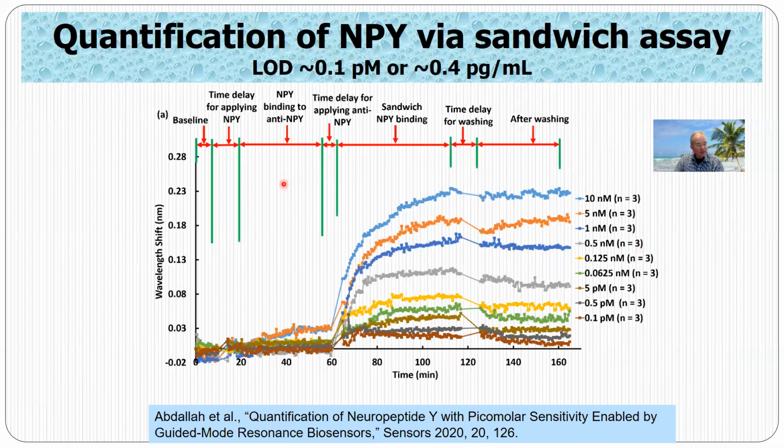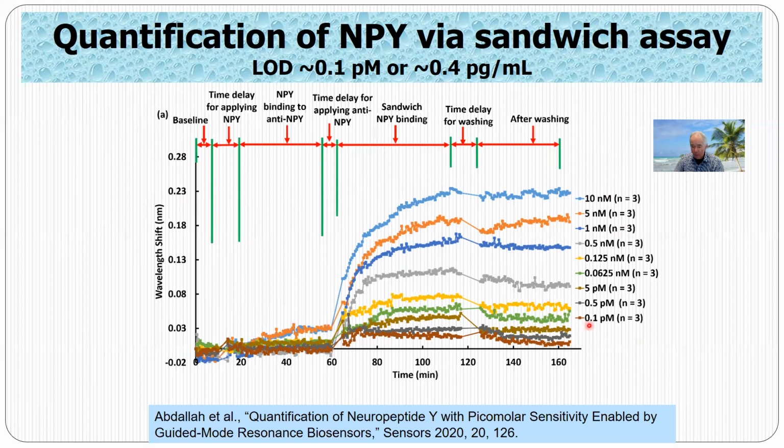And so this shows the reaction here, where there's baseline and a delay, and there's NPY binding to anti-NPY, and there's sandwich NPY binding. And you can see, depending on the molarity of the NPY here, we get these wavelength shifts in some fraction of a nanometer, 0.23 nanometers or 230 picometers, shown here for the largest concentration of the NPY of 10 nanomolar.